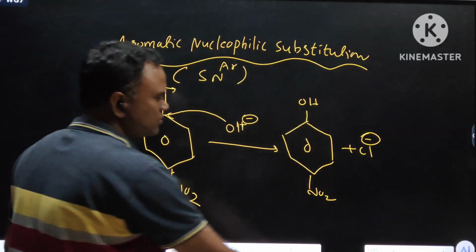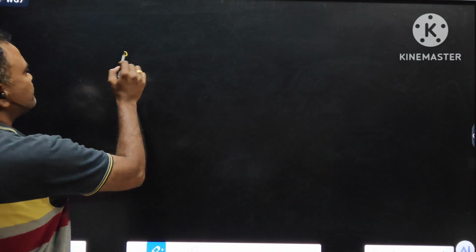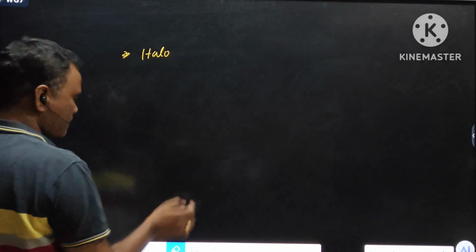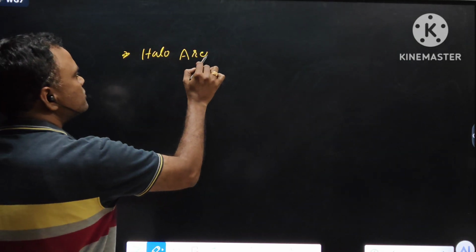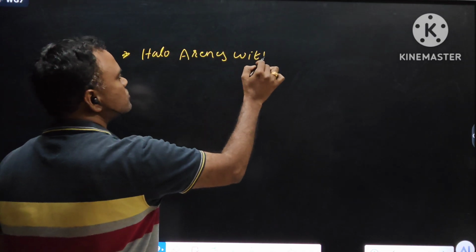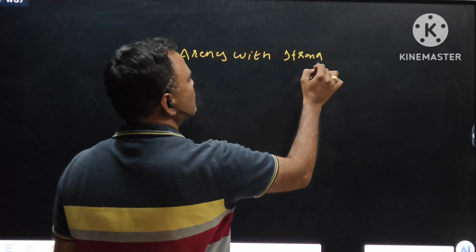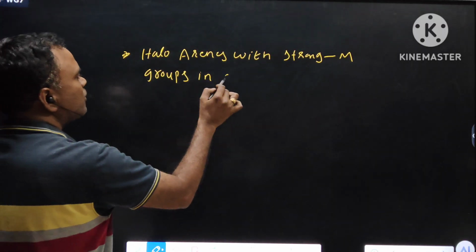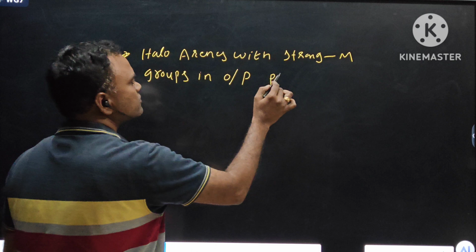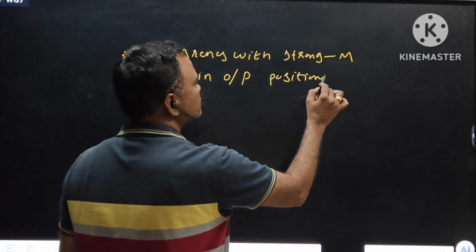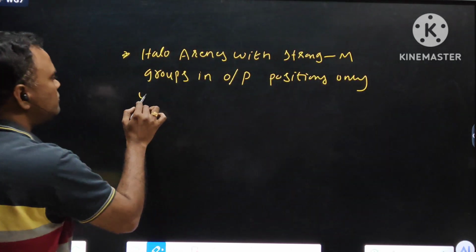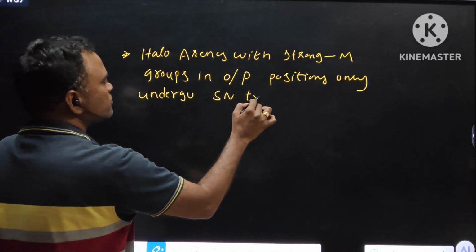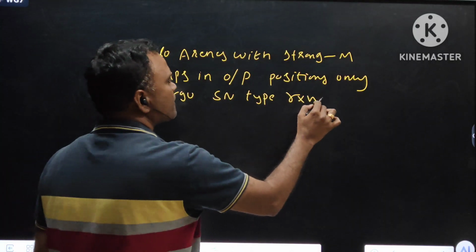Aryl halides, haloarenes, with strong minus M groups in ortho or para positions only undergo SN type reactions, nucleophilic substitution type reactions.